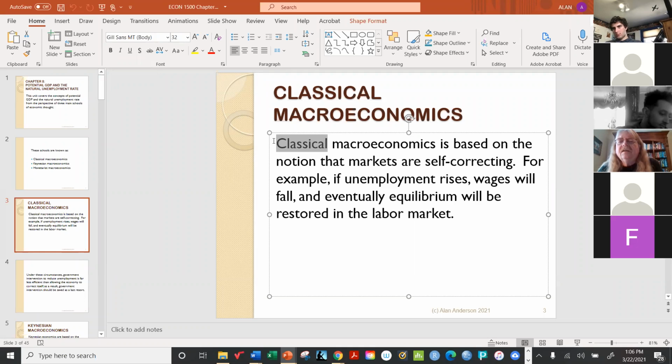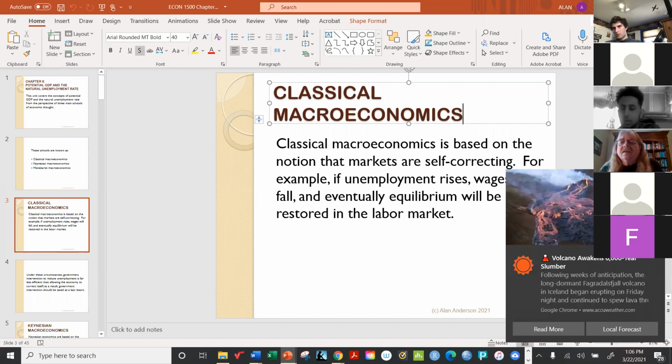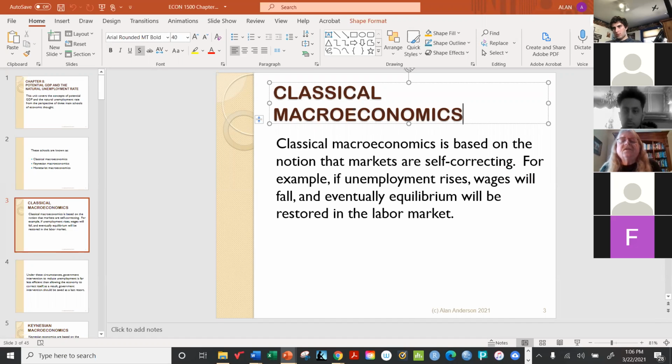And they believed that any issues that arose in the economy could be corrected by the economy if it was simply left alone to do its thing. Okay, so in other words, if unemployment were to rise in the 19th century, then rather than everybody getting laid off, wages would start to drop, and then the problem would take care of itself.